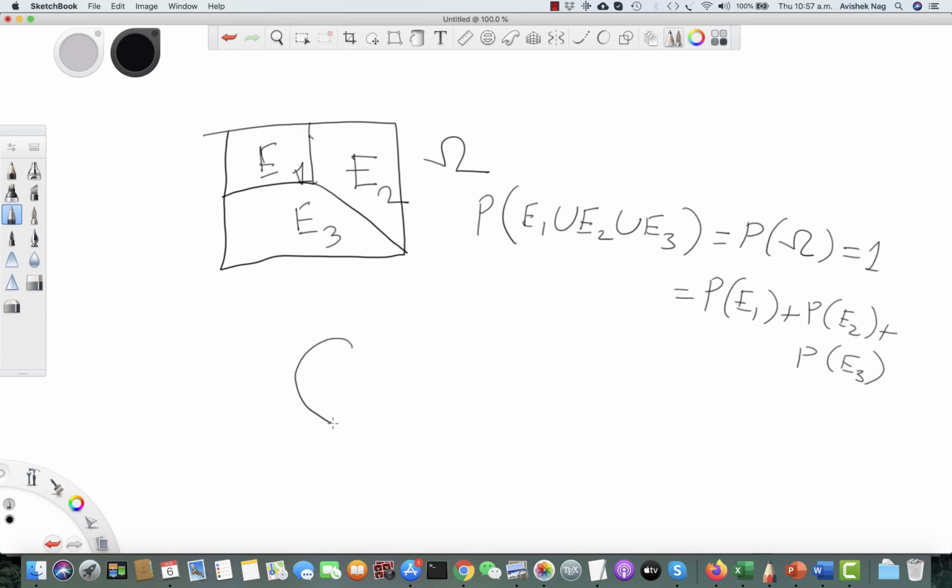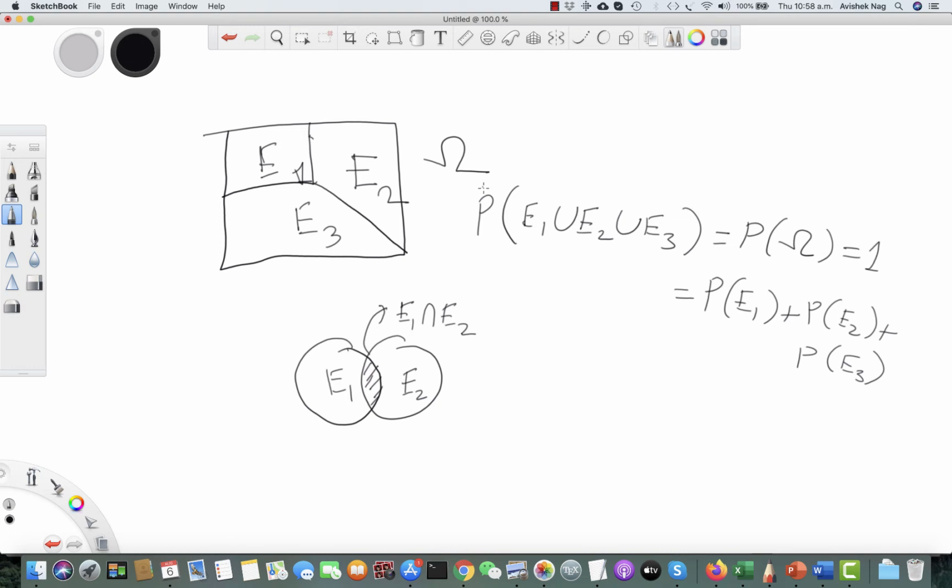Let's now assume that your E1 is this one and your E2 is this one, and then you have this overlapping space, which is basically E1 intersection E2. So if you want the probability of E1 union E2, that is basically these two circles together.